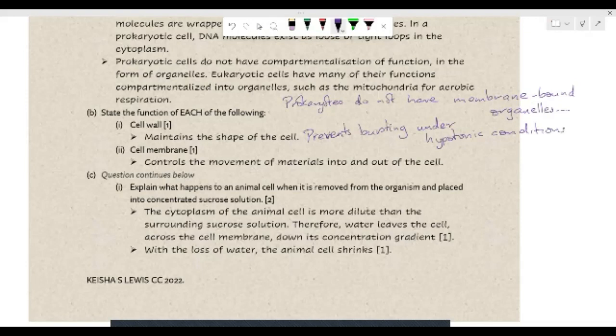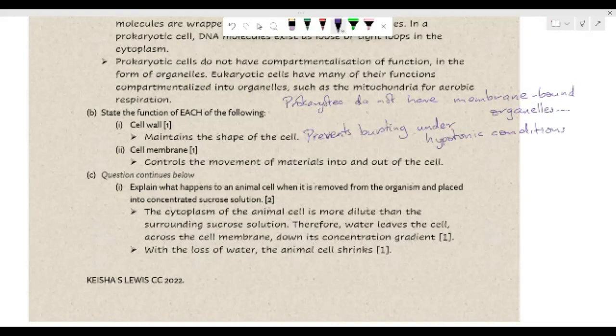Hypotonic meaning the cell is surrounded by a very dilute solution, right? Which means that water is going to flow into the cell and fill it up.